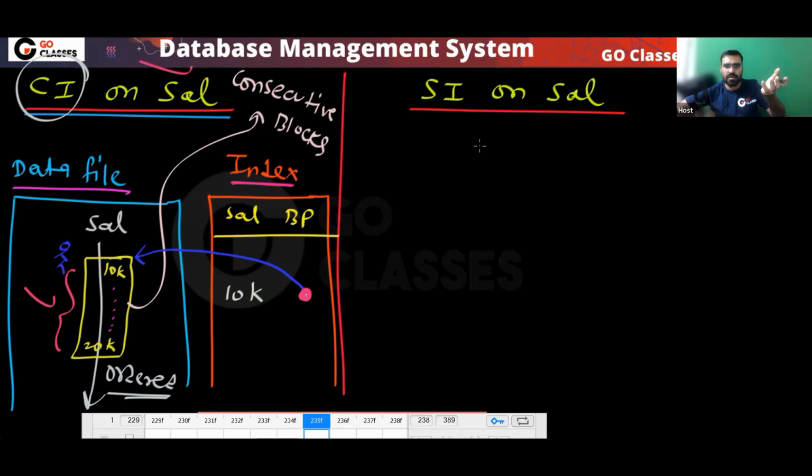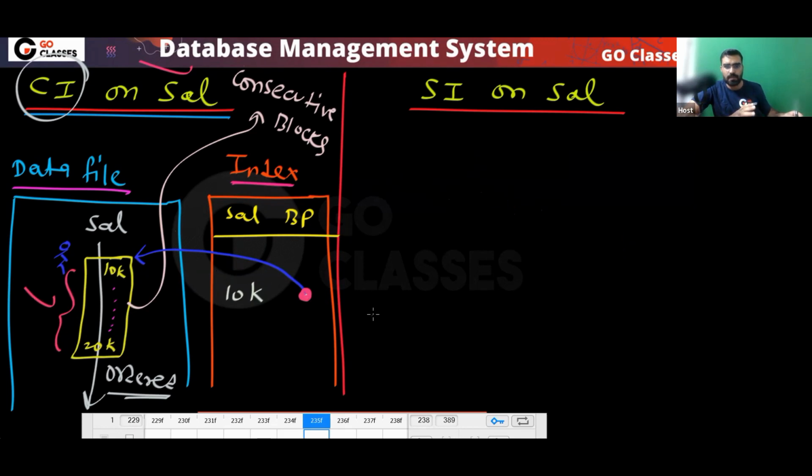You can do some coding, like where salary is less than 20K and greater than 10K. Whatever your logic is, you can implement it. Implementation of logic is not a hard thing for computer science people.